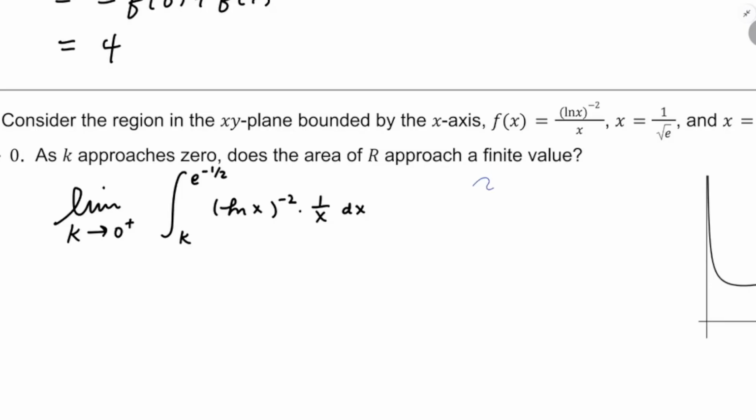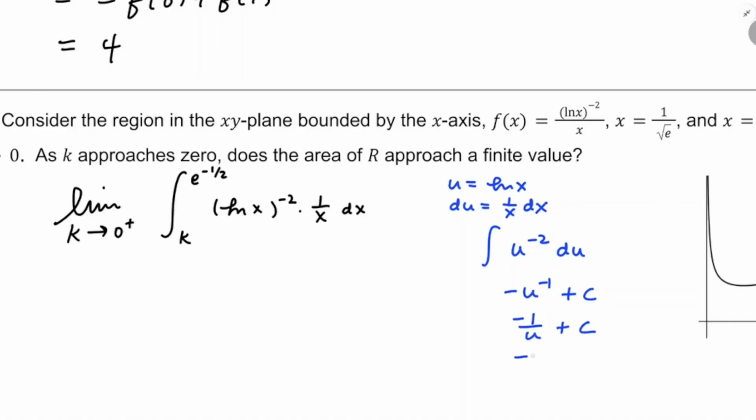Because this one is going to be a perfect match, u equals log x, du equals 1 over x dx. There we go. So I'm integrating u to the negative 2 du. Okay, and u was log x.